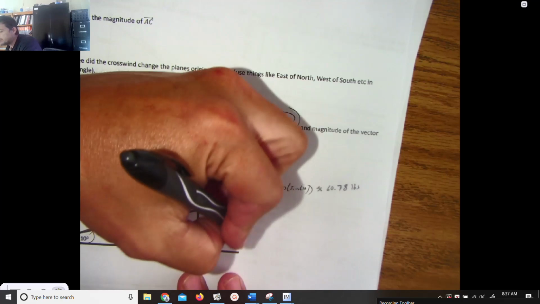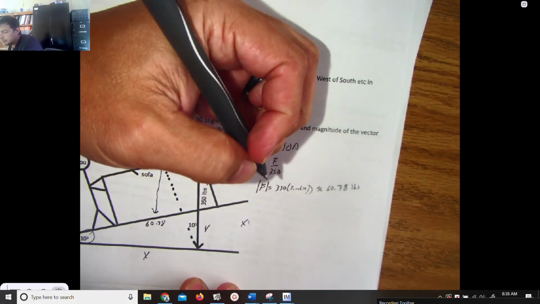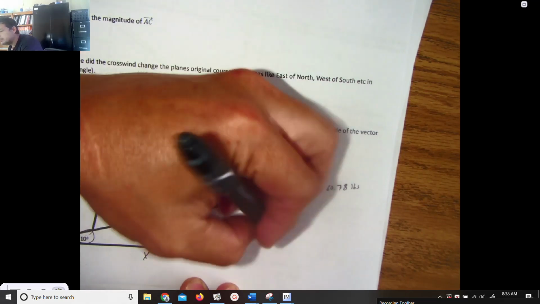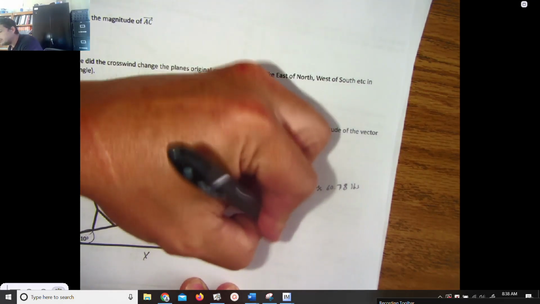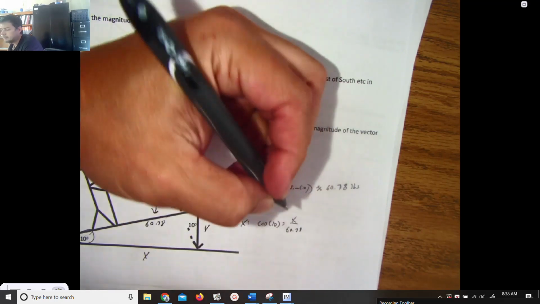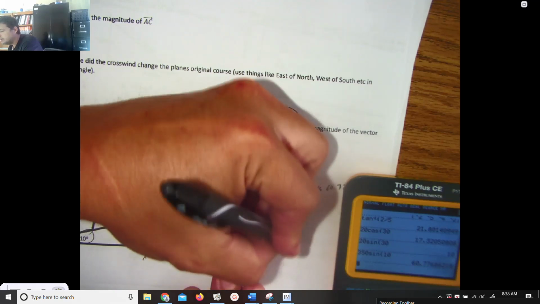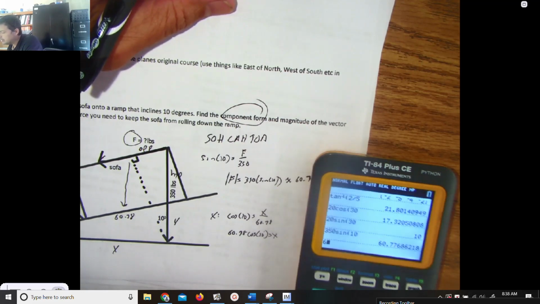If we're solving for x, we would have adjacent over hypotenuse. The cosine of 10 degrees is x over 60.78. So 60.78 cosines of 10 degrees is my x value. This is how it's actually taught too.